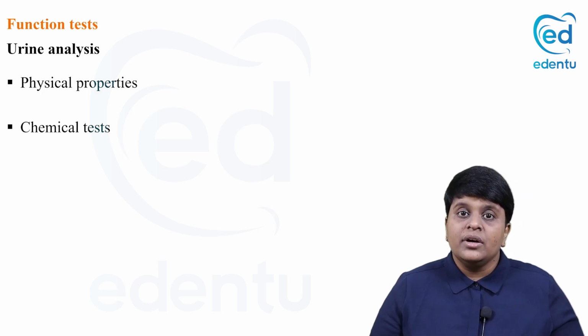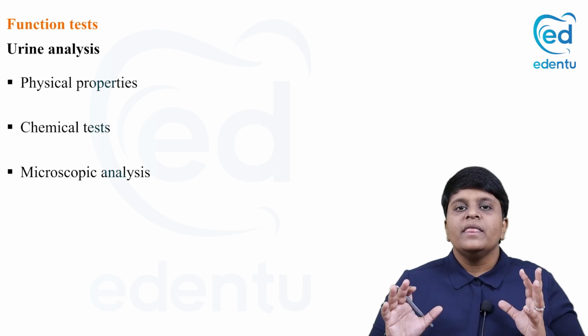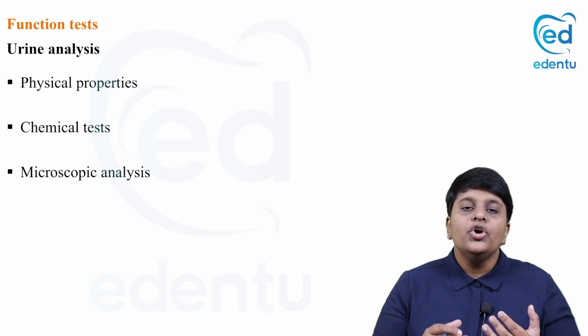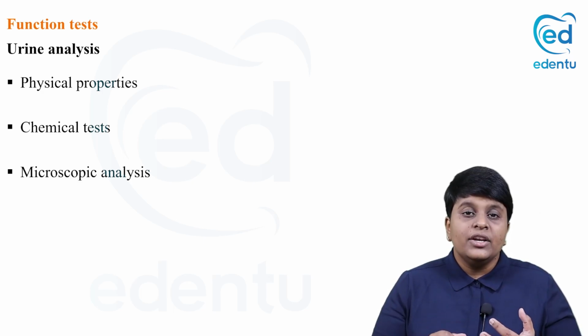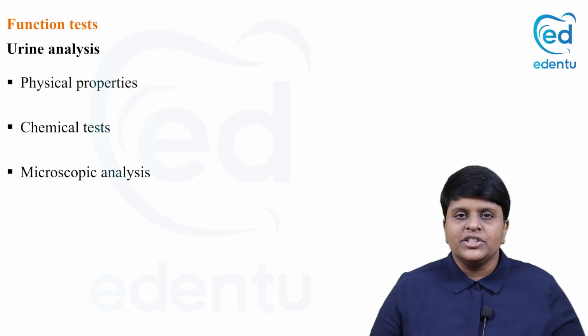All these come under the chemical tests. And finally you have the microscopic analysis where you can see the casts which can give a clue to the diagnosis. So the renal function tests include urine analysis, the glomerular function test, and the tubular function tests.